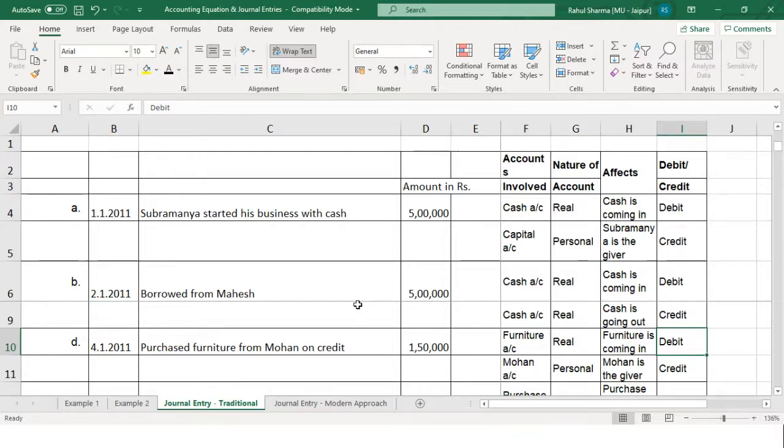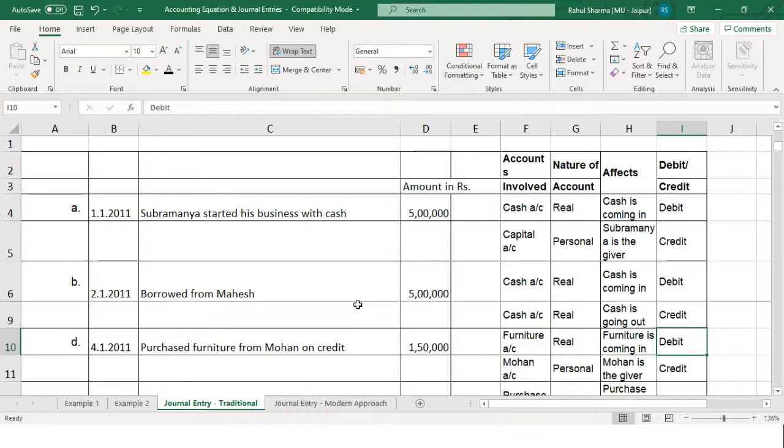So there are two accounts involved: one is furniture, another one is Mohan. Furniture is a real account. The rule says debit what comes in, credit what goes out. Furniture is coming into the business, getting added, so I'll debit it.